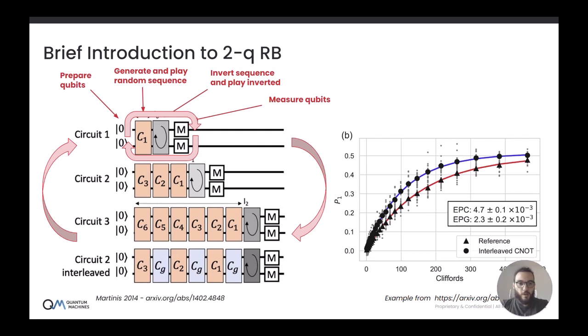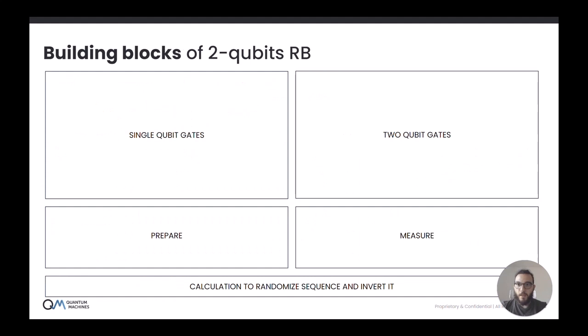To read more about the 2-qubit randomized benchmarking sequence and how it works and how the gates are also defined, I would suggest you to look at this Martinis paper from 2014. It's a reference that we use very often for RB.